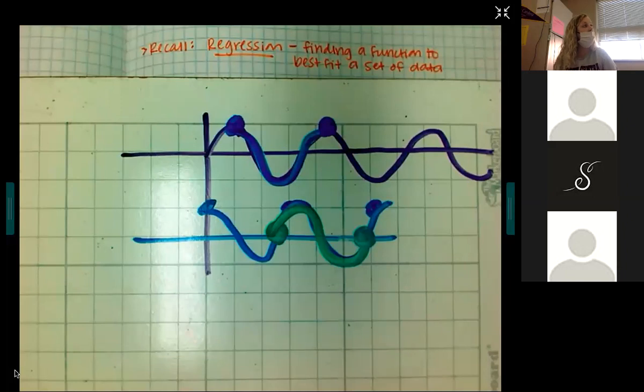Does everybody understand that? That's the part my kids have the hardest time with. They're like, why are we using sine for all of them? Because when you're doing regression, you need somewhere to start the regression at. In the real world, things typically start at 0, or they start at some kind of origin, and then they're gonna keep going. Does that make sense? So we're gonna use sine.